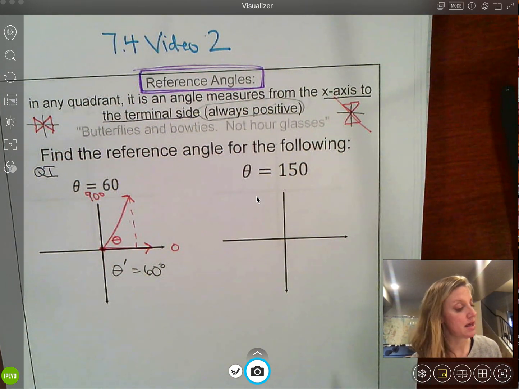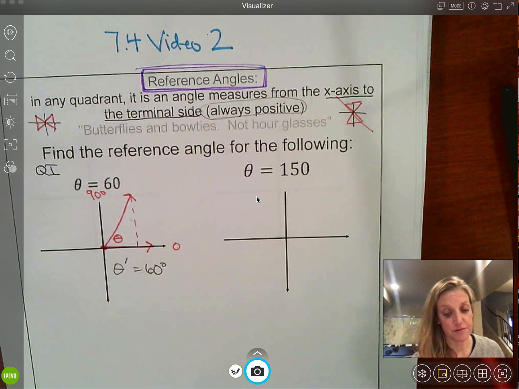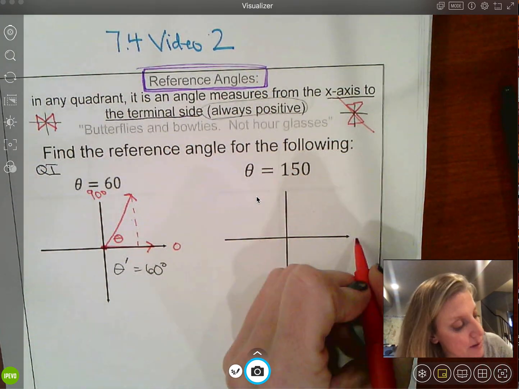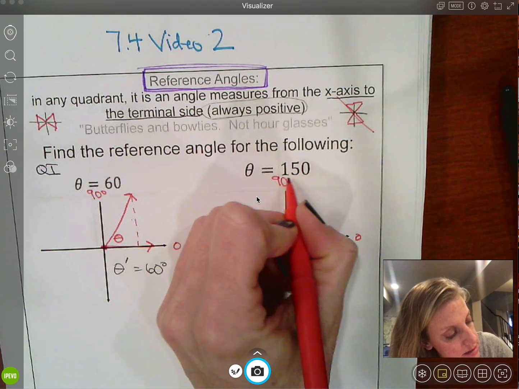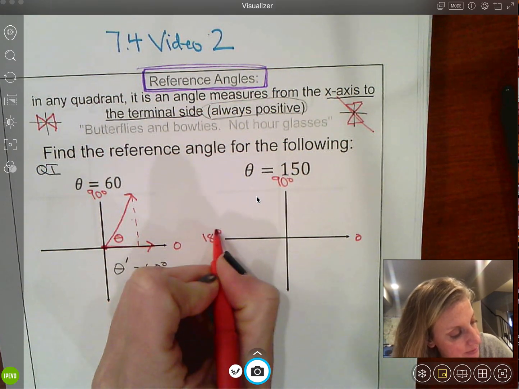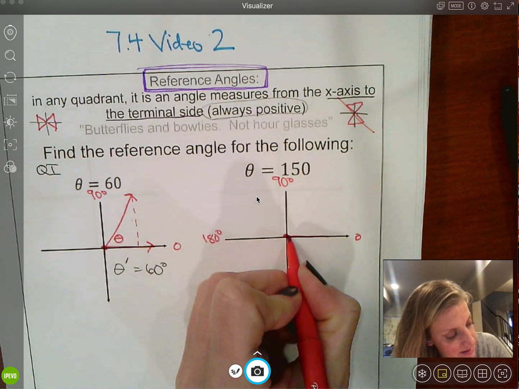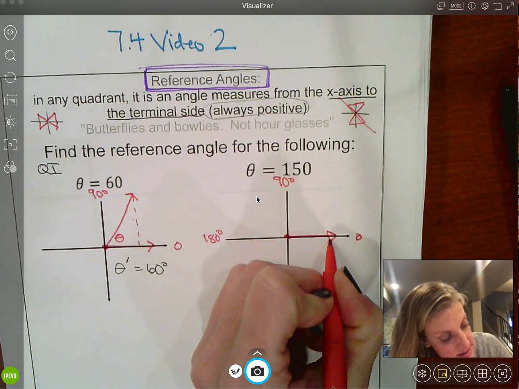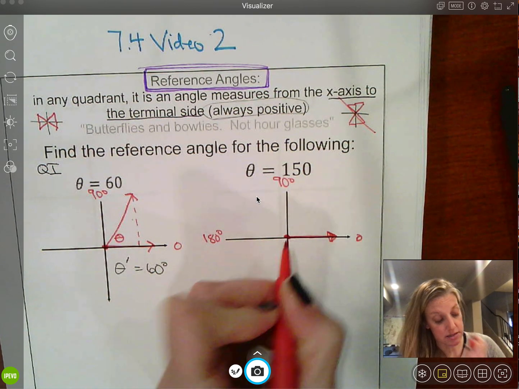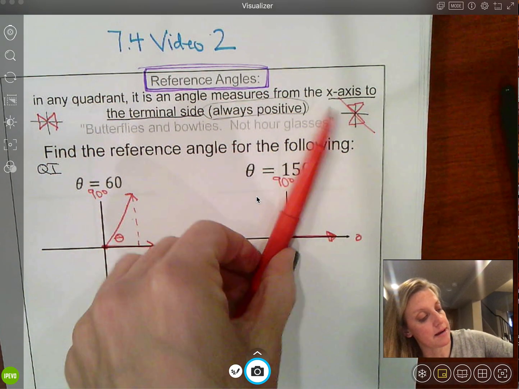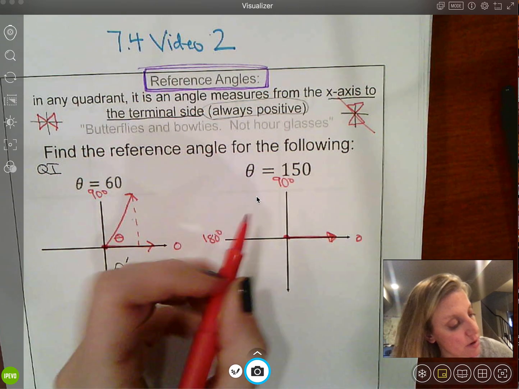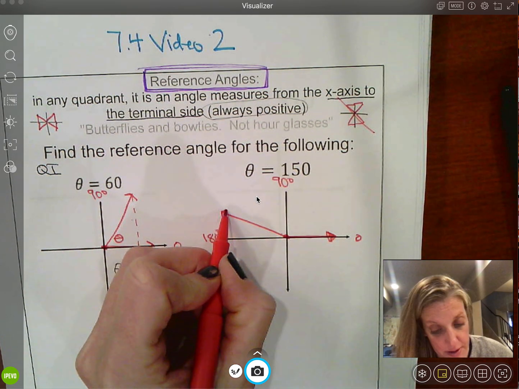So this time the angle we're looking at is 150 degrees. Well, if I think about 0 degrees, 90 degrees, and 180, it would make sense for me to say that the initial side is here, positive x-axis always, and then it's going to rotate up past 90, but not all the way to 180. I would guess it would go to right about there.